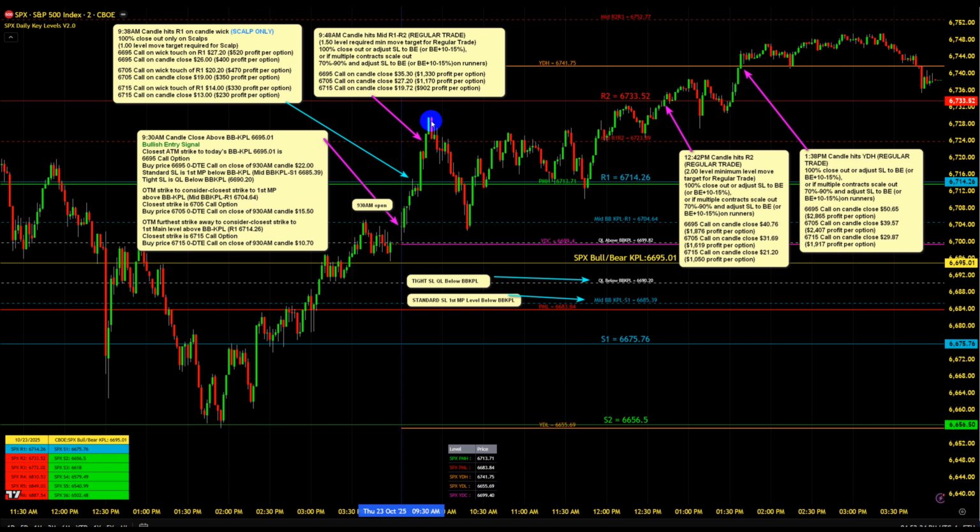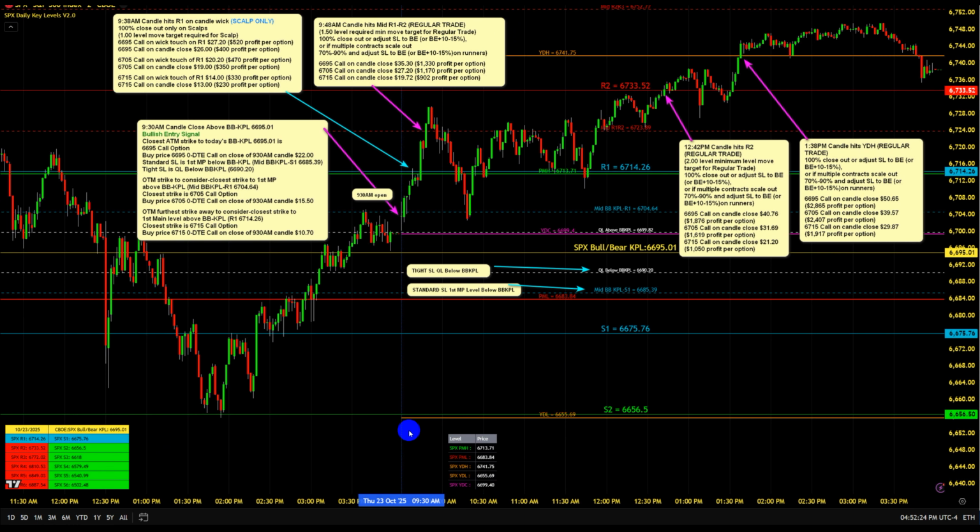Okay, so getting into today's session, we have the 9:30 a.m. candle marked off here. As you can see, the candle did open above the bull bear key price level.